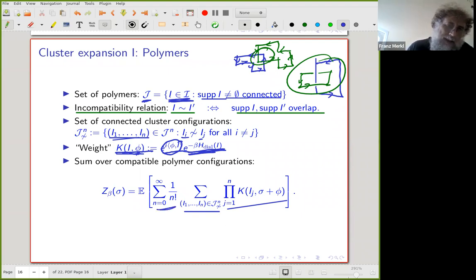And then you take a generating sequence, the sum over n equals 0 to infinity of 1 over n factorial, and the expectation of that. That's a description of the set beta of sigma.